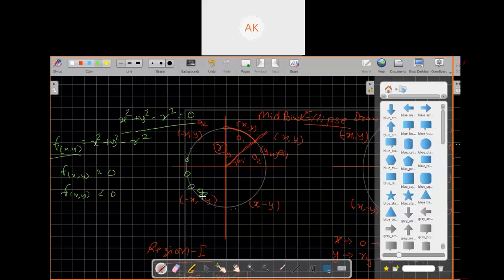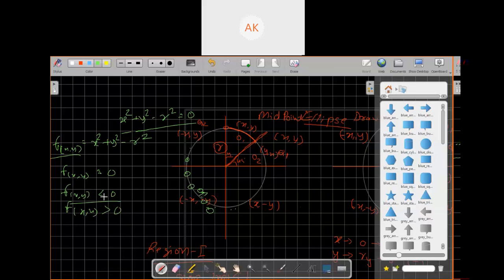It means your true point is inside the circle; it should be on the circle but it has moved inside. If your point is outside your circle, then your function value will be greater than 0.